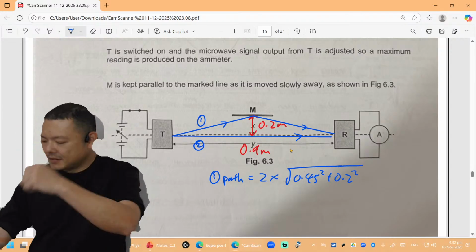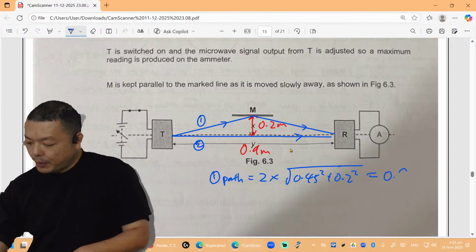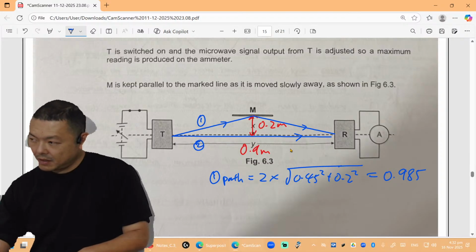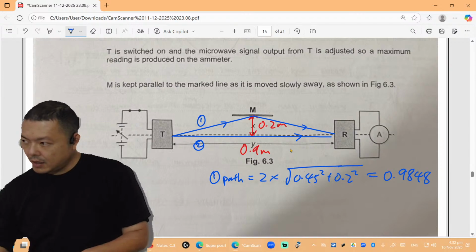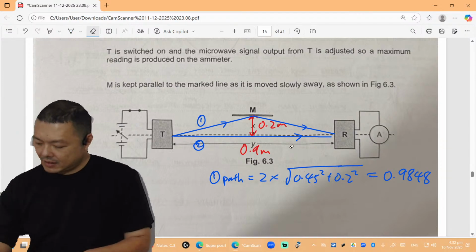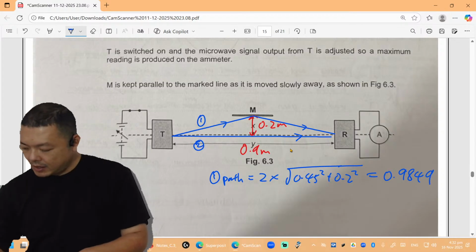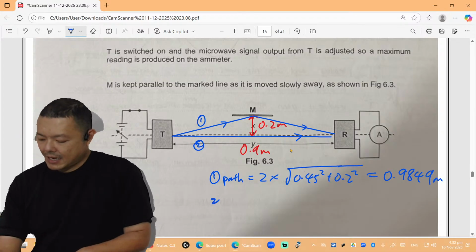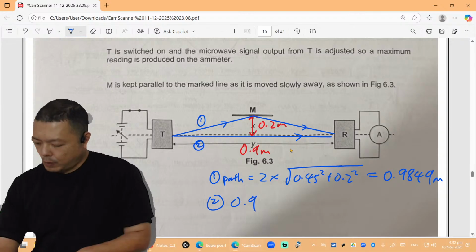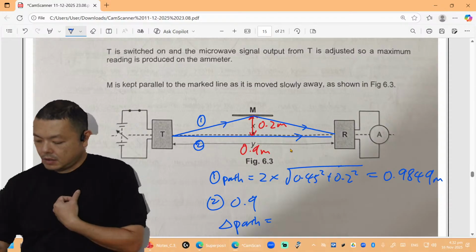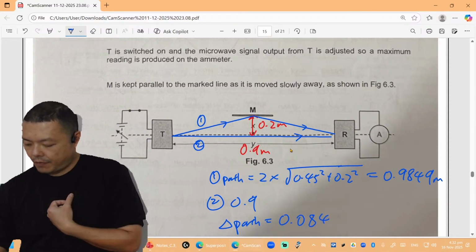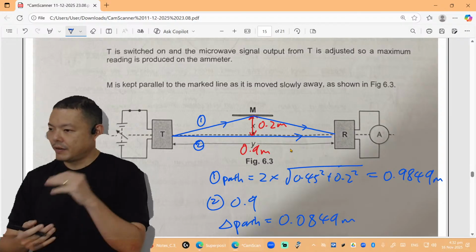Quick math, what's that? 0.9849 meters. How about the second part? The second part is 0.9 only. So what's the path difference? 0.0849 meters. You okay with this?